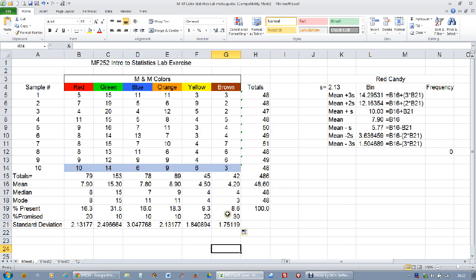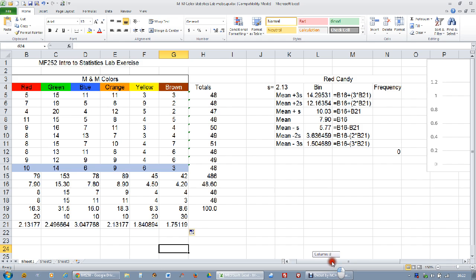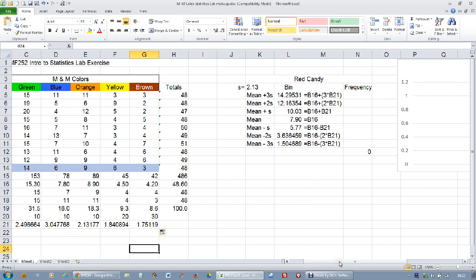Okay. Now what I'm going to do is I'm going to create our bins. What is a bin? Imagine, if you will, you're going to sort these colors and put them in different bins. You're going to put blue in the blue bin, and green in the green bin, and yellow in the yellow bin.